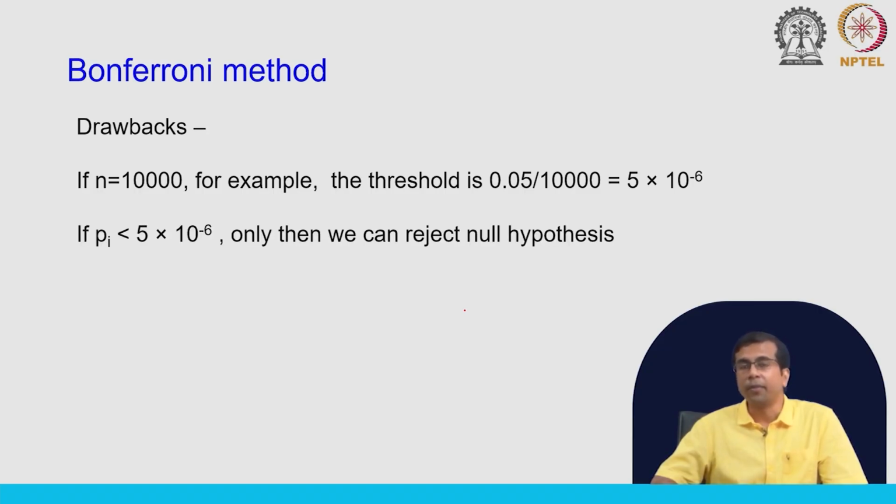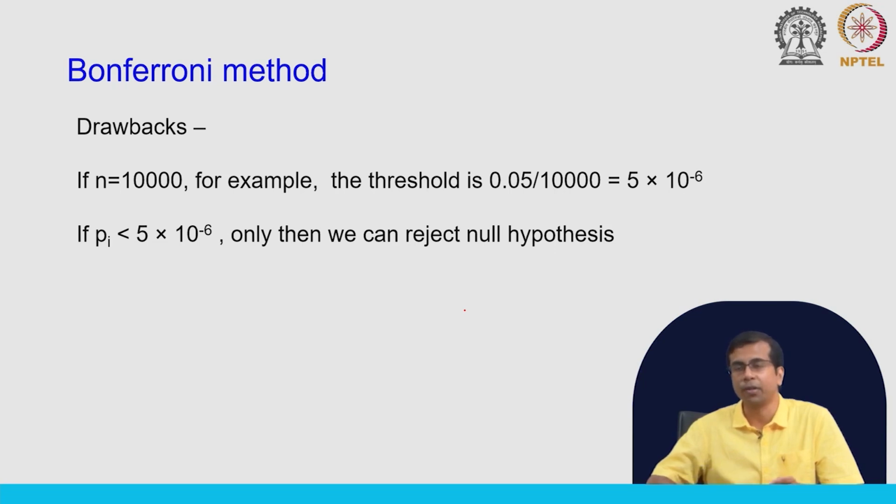And you can now imagine, only if pi is less than 5 into 10 to the minus 6 can we reject the null hypothesis. So, this is a very stringent cutoff, and very rarely will we get pi values that low. This is especially true for our scenario, where we are doing this differential expression analysis with very few replicates.